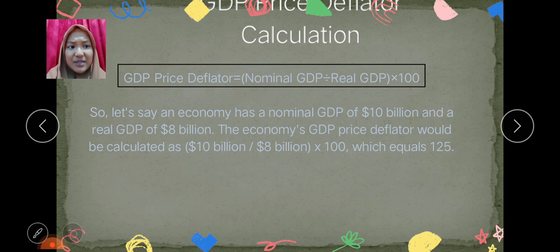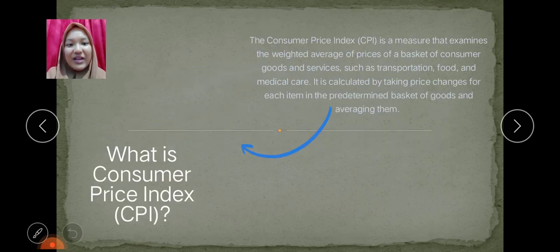The economy's GDP price deflator will be calculated as 10 billion or 8 billion multiplied by 100, which equals 125.